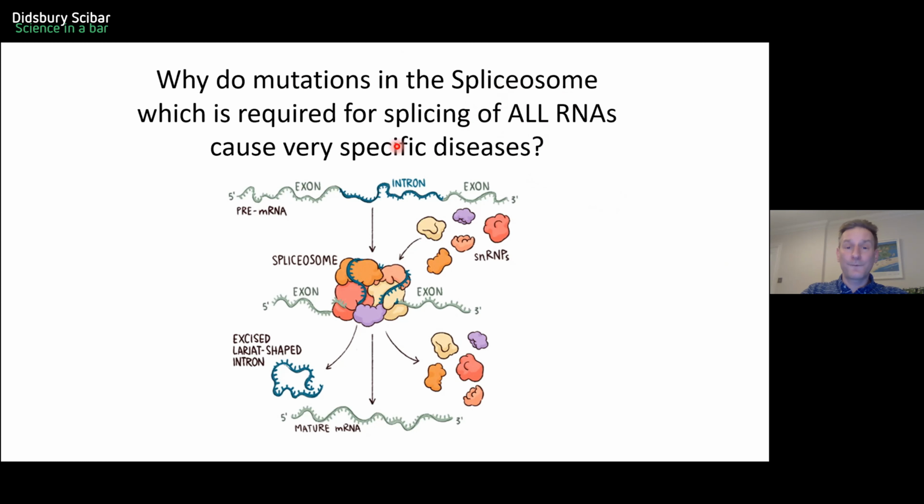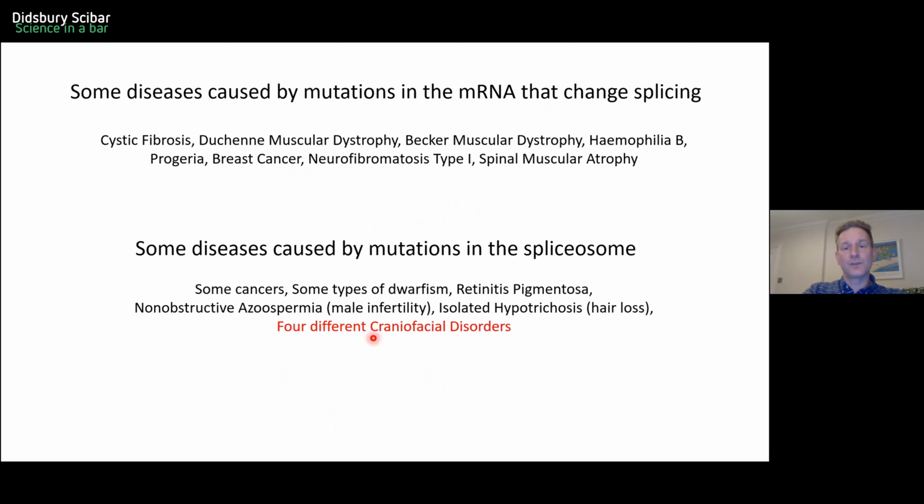But what we've found over the years is that there are certain types of mutations within the spliceosome, affecting proteins in the spliceosome, that give these very specific diseases that you see here.